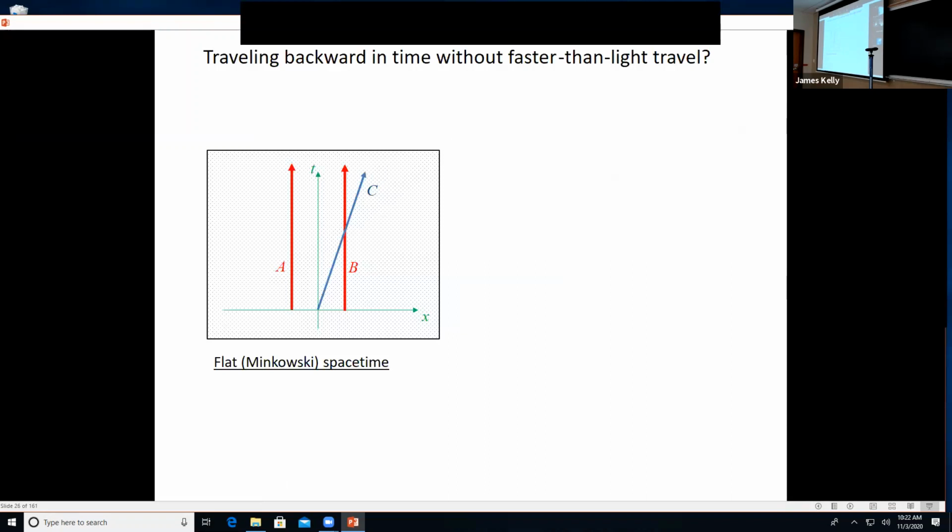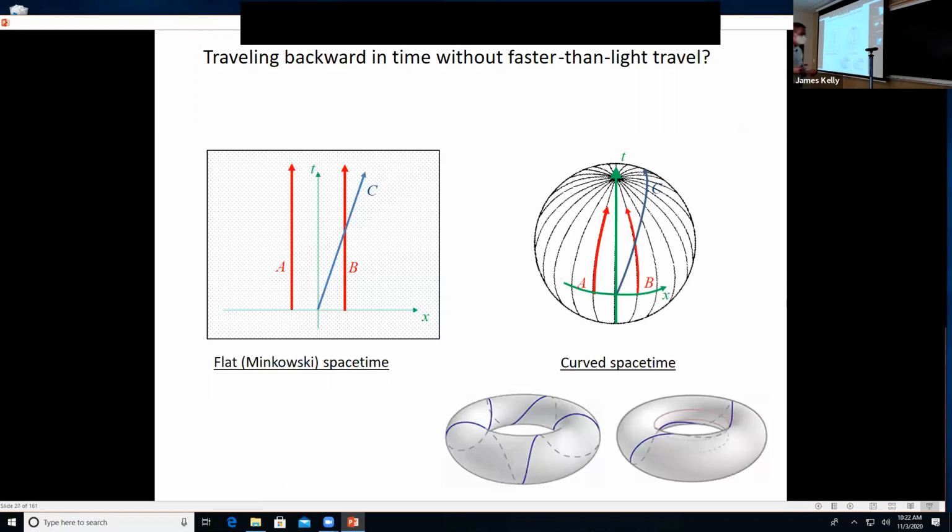Okay, what about traveling backwards in time? We can already travel forwards in time. In fact, I'm traveling forwards in time right now. That's not so amazing. But we found an amazing way in special relativity to travel forward in time, and that is by the twin paradox, right?